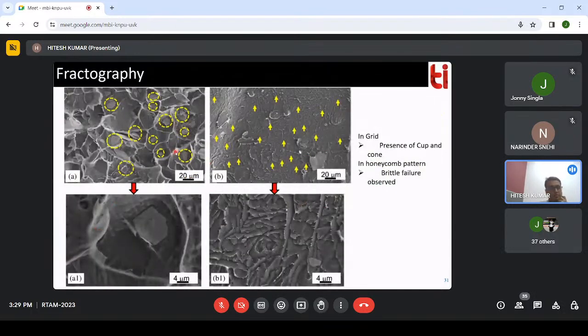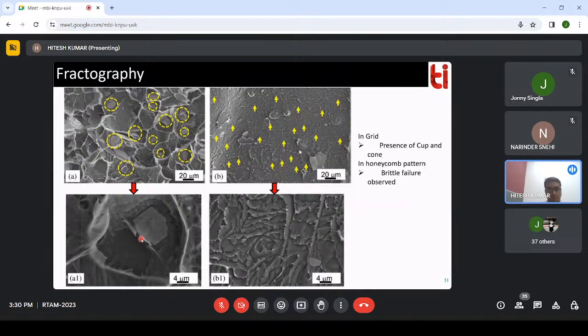What we observe, sorry, in the grid samples, there is a ductile kind of failure. Whenever there is a ductile failure, it is basically a cup and cone structure.